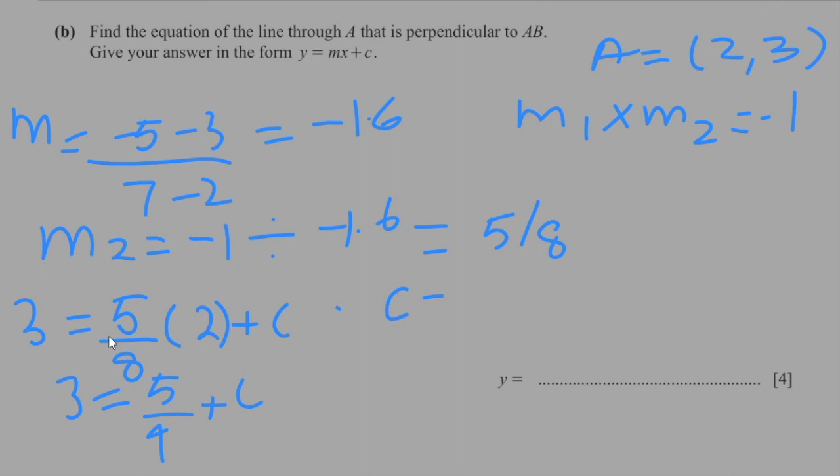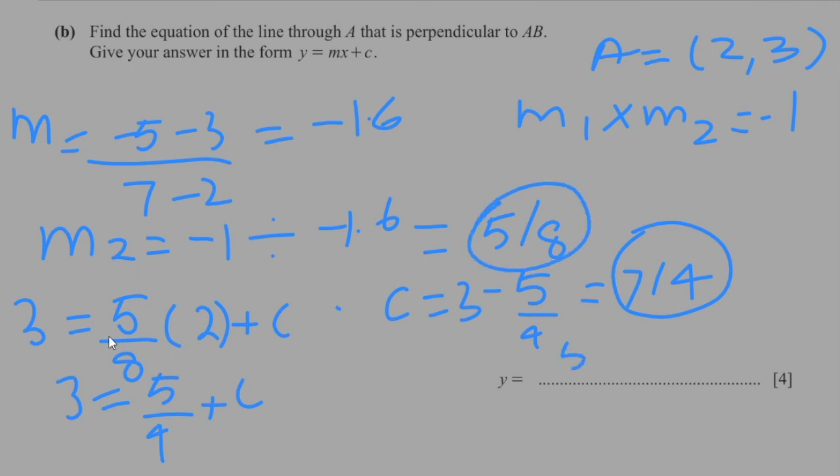So c is going to be equal to 3 minus 5 by 4, which is equal to 7 by 4. This is the value of c over here, and we had m2 as 5 by 8. So y is equal to 5 by 8 x plus 7 by 4.